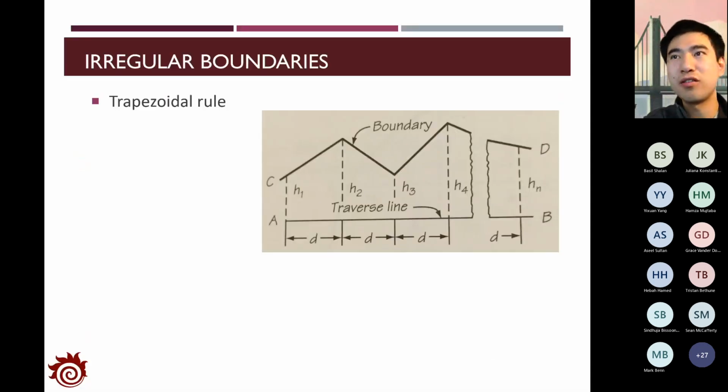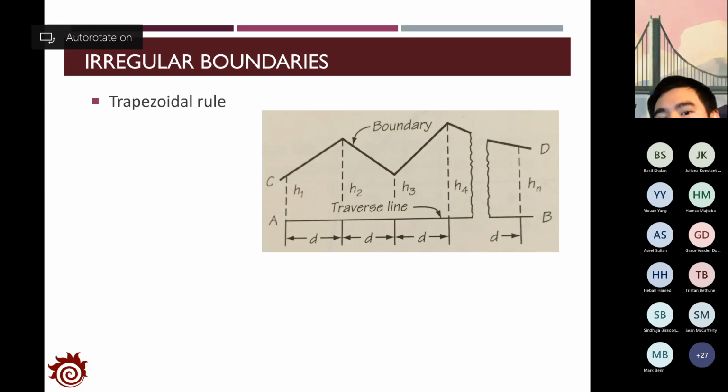Okay, it's working now. To deal with irregular boundaries, the first method is that we discretize the boundary along the traverse line direction into small pieces with fixed intervals, assuming the interval distance is d. For the irregular boundary within each interval, we assume there is a straight line.